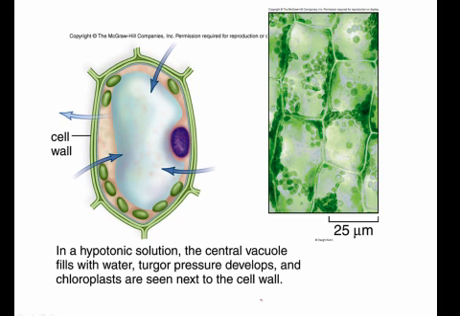Osmosis draws water inside the cell, but because plants have a cell wall, this cell will not swell up and burst, but it does create increased pressure inside the cell. This is called turgor pressure. This is very important in plants. This is what allows plants to stand erect and oppose gravity, because they have this increased turgor pressure inside the cells.